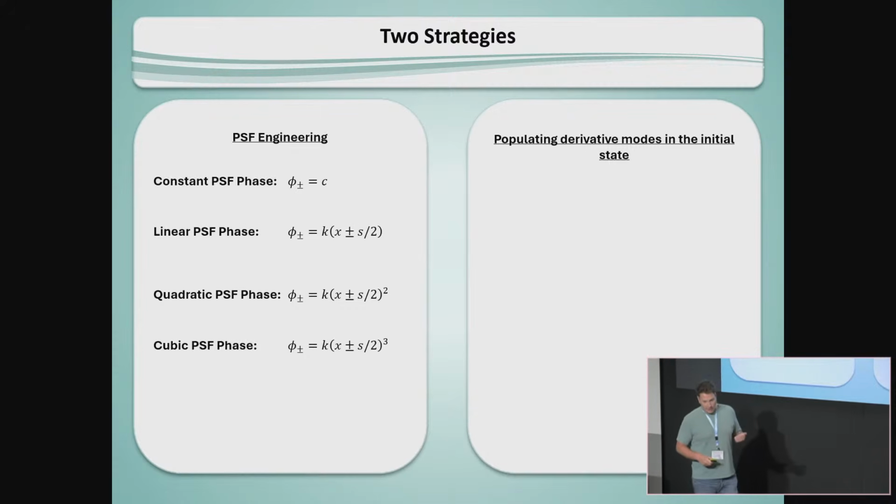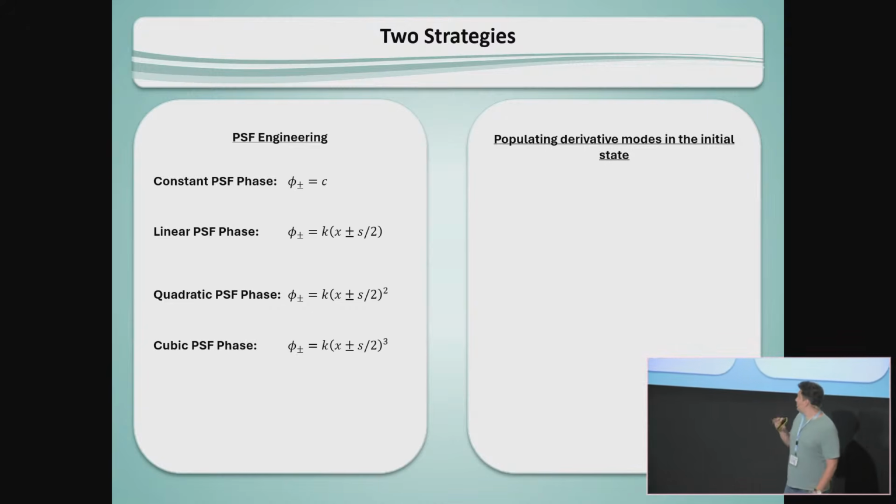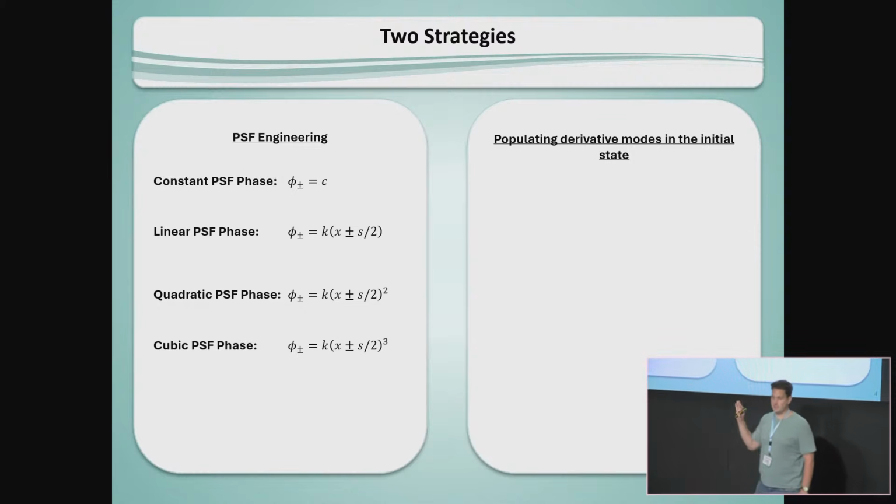Now, point-spread function engineering: it's very important that we keep the point-spread function completely general, so we say that it can have a phase, and its phase can depend on the parameter in general. This is very important because in most experiments and most other work, this phase is usually set to be a constant. So the point-spread function is just real, usually a Gaussian function.